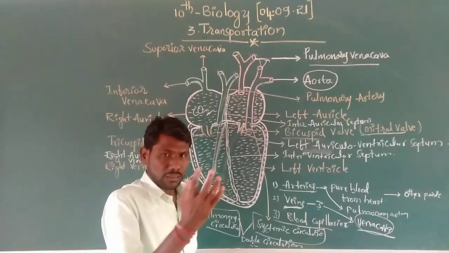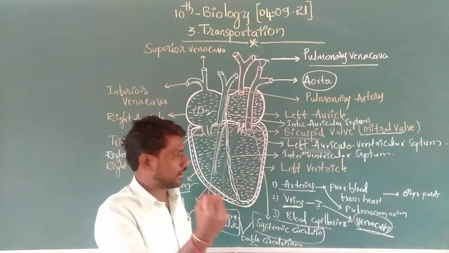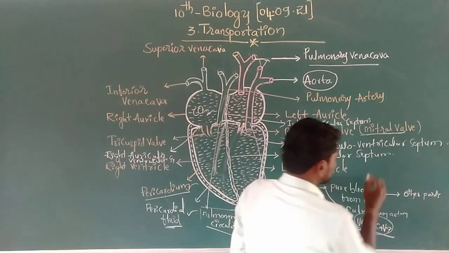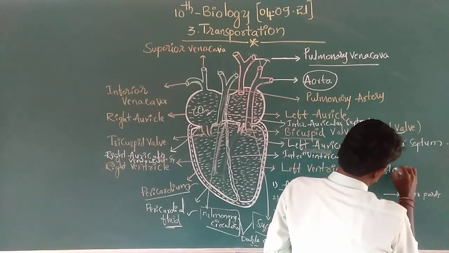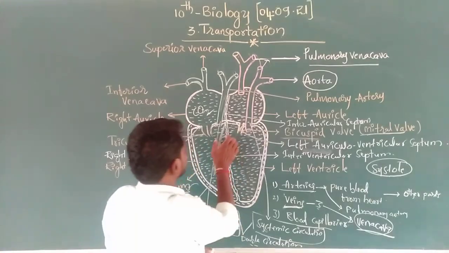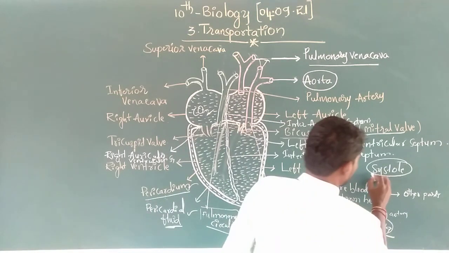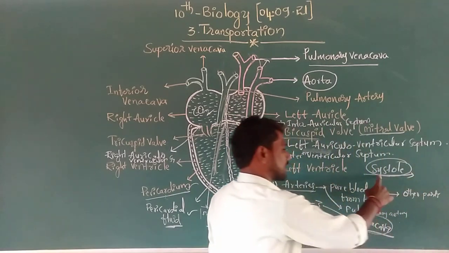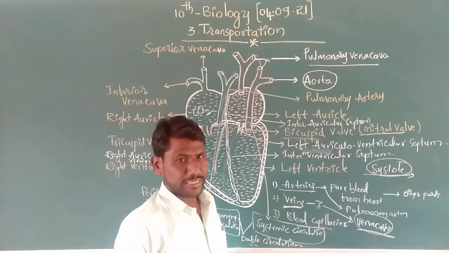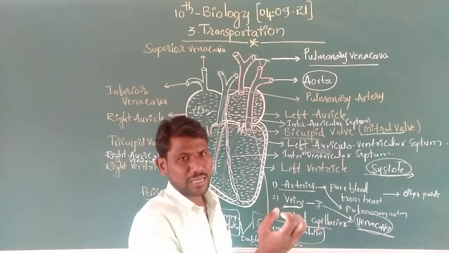Next, the contraction of the heart is called systole. In systole, what happens? Blood is pumped into the lungs and other parts of the body. Next, after completion of the contraction phase, it takes relaxation.